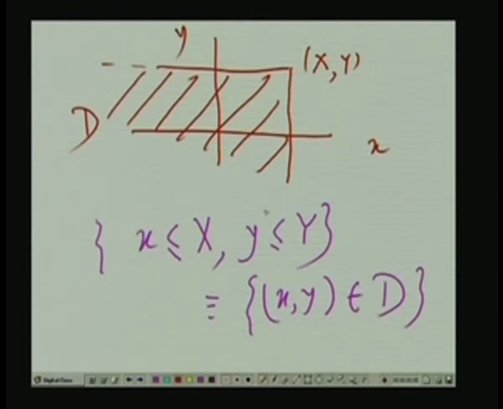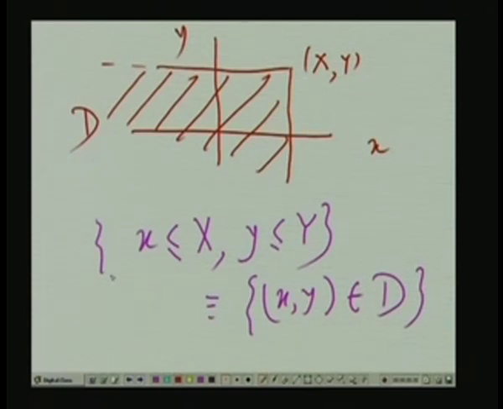If x and y are not considered together, then we consider only x individually. In that case, the probability distribution of x would simply have taken this vertical line, and the entire plane to the left corresponds to points where x is less than or equal to capital X, independent of whether y is less than or equal to capital Y or higher. But since we are considering the joint variation, it is under a tighter condition: not only is x less than or equal to capital X and y less than or equal to capital Y, but they are satisfied simultaneously. This is the simultaneous variation or joint variation.